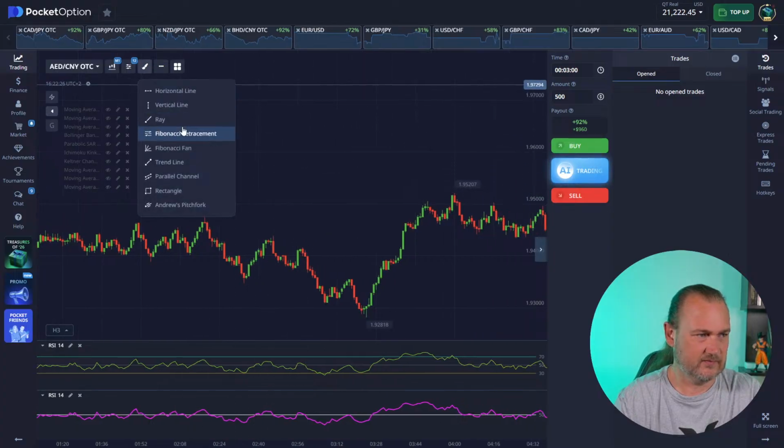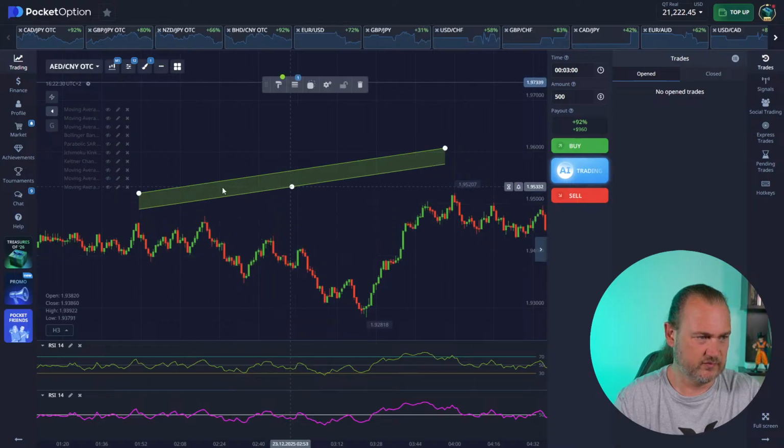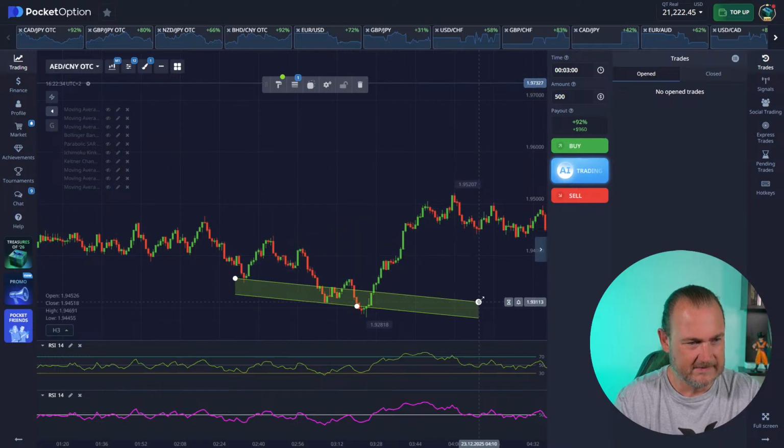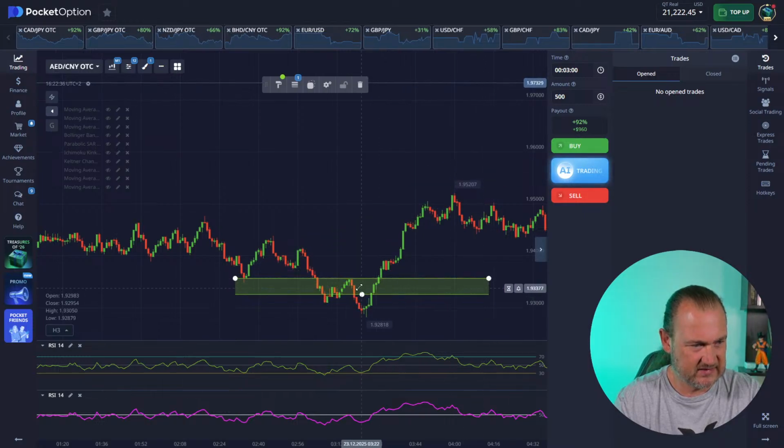Okay, so this is a clean example, but not a very solid example. Preferably before I use this, I like to use 2 touches, but this will suffice as an example.